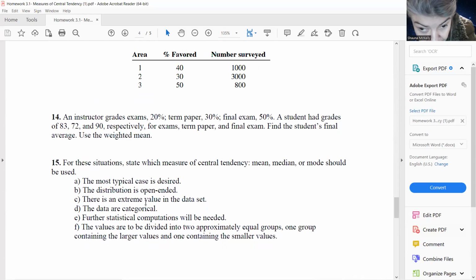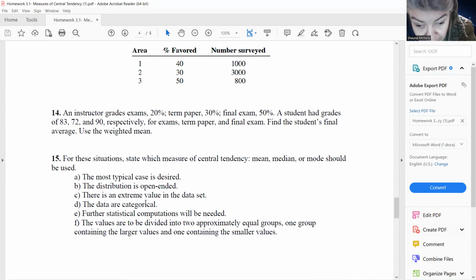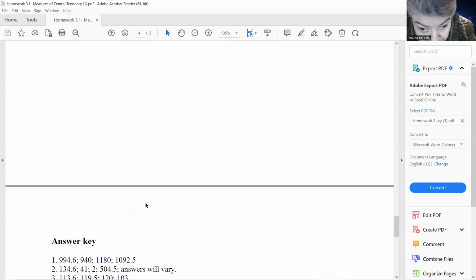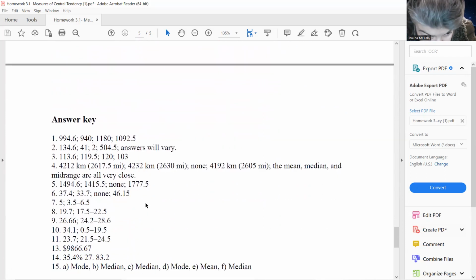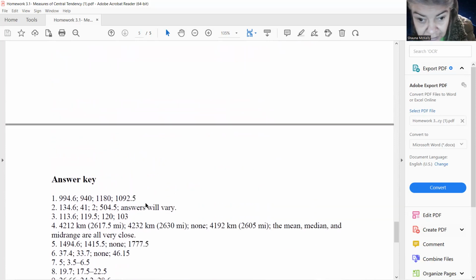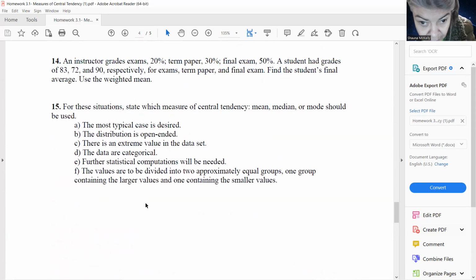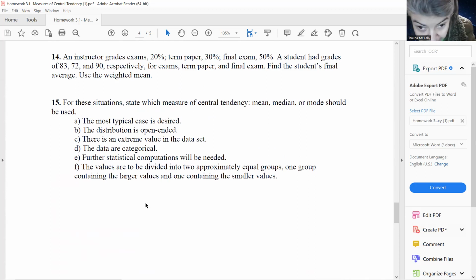All right. So if you're looking for generally the most typical case, that's going to give you the one that repeats the most times, if there is one, and that's going to be the mode. Okay. The typical case is going to be the mode. If the distribution is open-ended, meaning that maybe it starts like 30 or more, right?